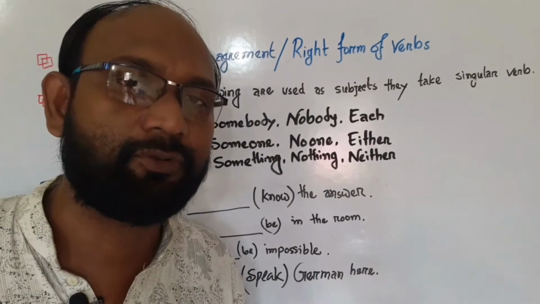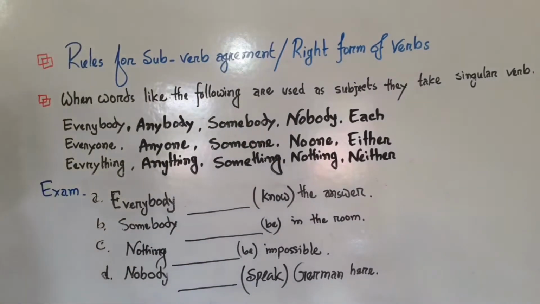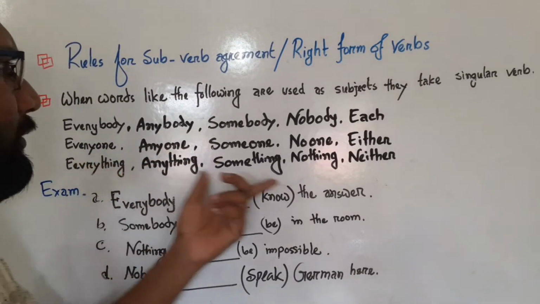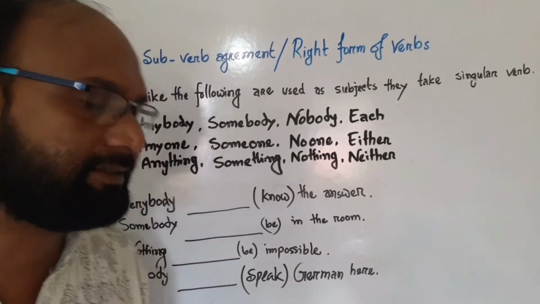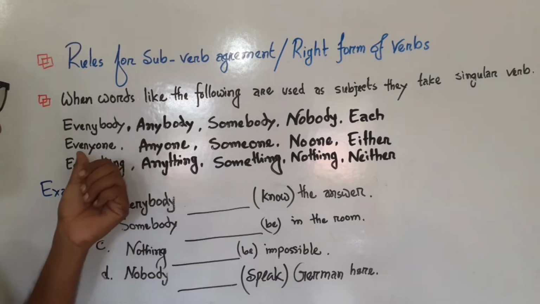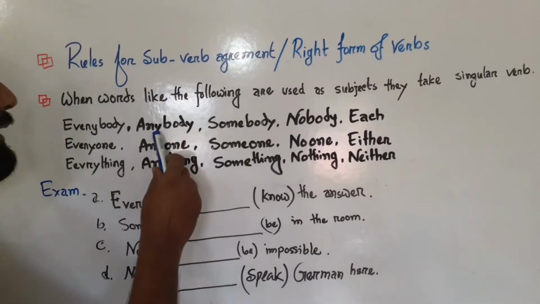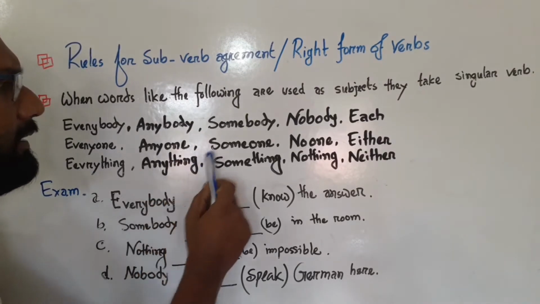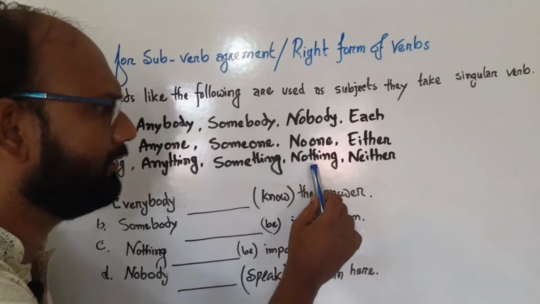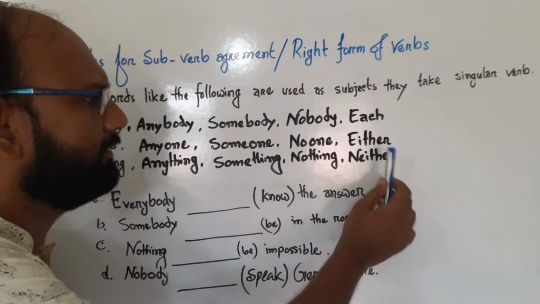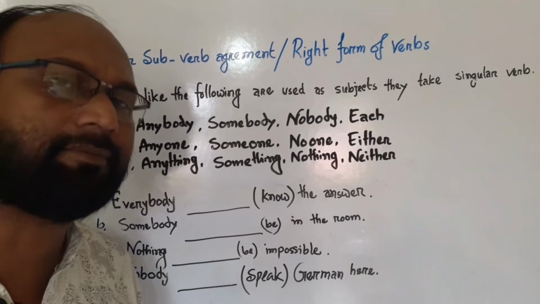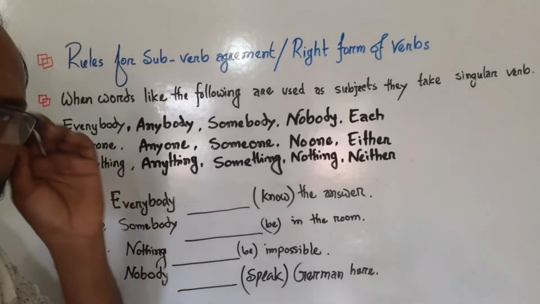When words like the following are used as subjects, they take a singular verb: everybody, everyone, everything, anybody, anyone, anything, somebody, someone, something, nobody, no one, nothing, each, either, neither. If those words are used as subjects, they take a singular verb.